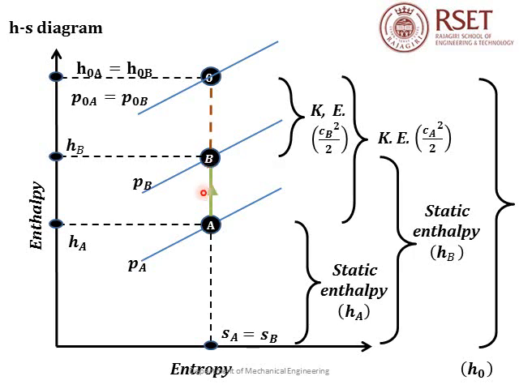So point B lies vertically above point A. So by moving vertically above, we reach point B. We get the corresponding static enthalpy HB and the corresponding entropy SB, which is equal to SA since it is an isentropic flow.